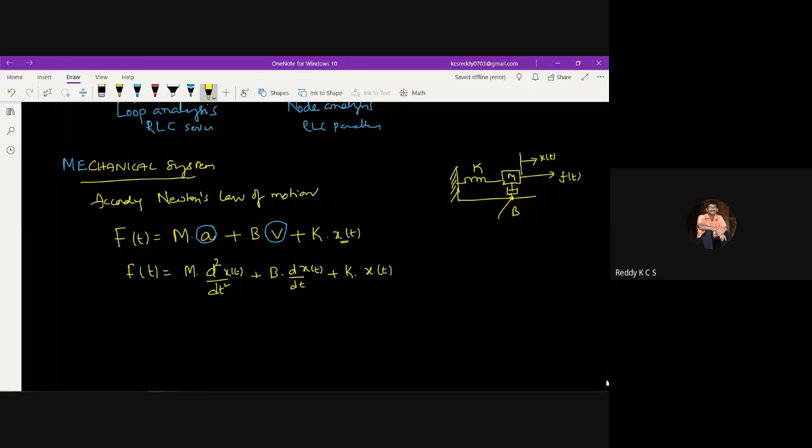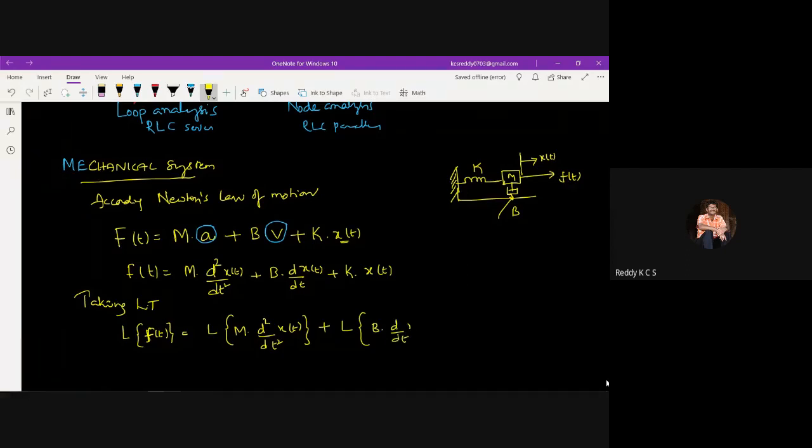Now, taking the Laplace transformation of the above equation, I apply it to each individual term. The Laplace transformation of f of t is equal to the Laplace transformation of m into d square by dt square x of t, plus the Laplace transformation of b into d by dt of x of t, plus the Laplace transformation of k into x of t.